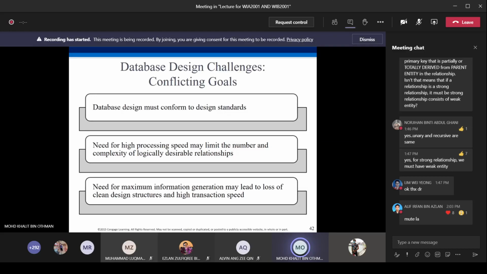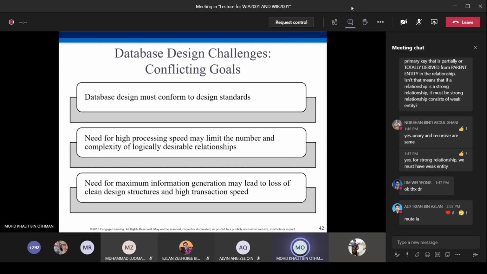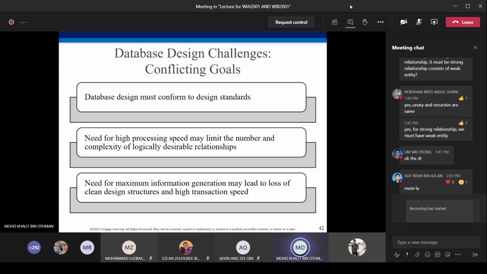Okay, the second challenge is the need for high processing speed, which may limit the number and complexity of logically desirable relationships. For example, in a big organization generating a large number of transactions, high processing speed is often a top priority in database design.